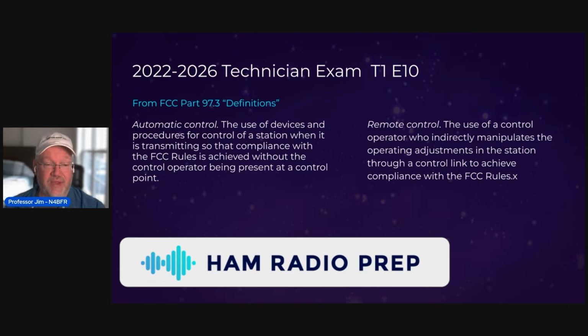And there's a lot of different things it can do, but that's a really common example that you might see. So then it has a definition for remote control. Remote control is the use of a control operator, so that would be the ham, who indirectly manipulates the operating adjustments in the station through a control link to achieve compliance with the FCC rules.